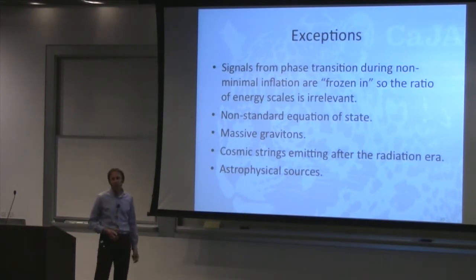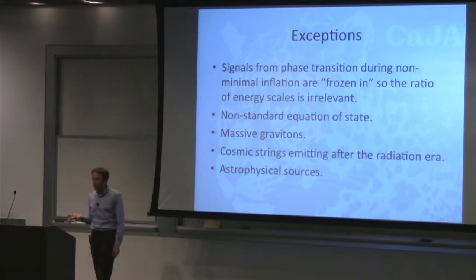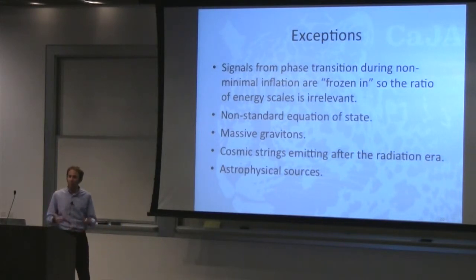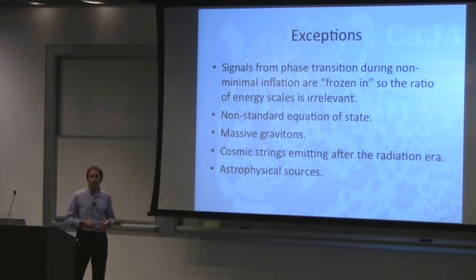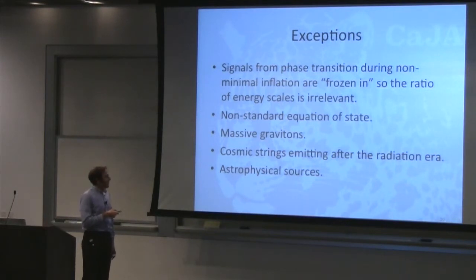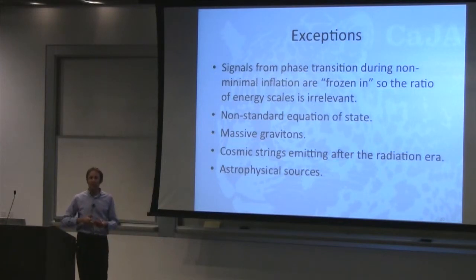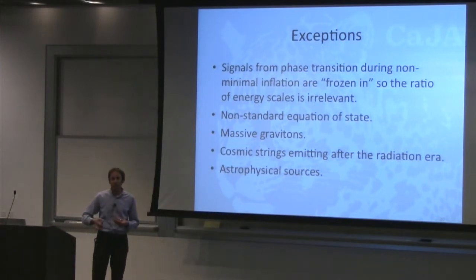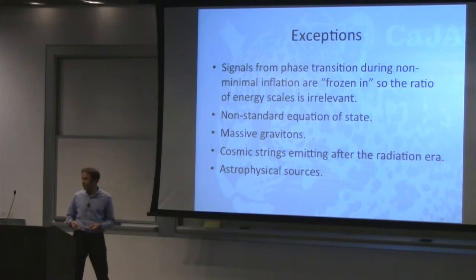Additionally, if there's a non-standard equation of state in the early universe, you can avoid the rule of thumb, although to the best of my knowledge, there is not yet a compelling argument for why there would be a non-standard equation of state in the early universe. You can also evade it with massive gravitons. And then finally, cosmic strings and astrophysical sources that emit after the radiation-dominated era can also evade it.